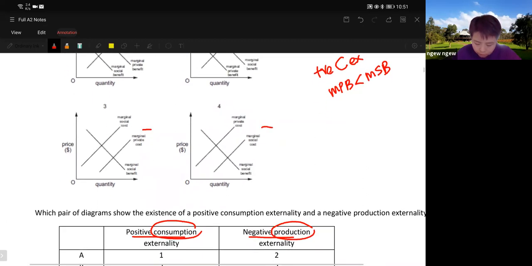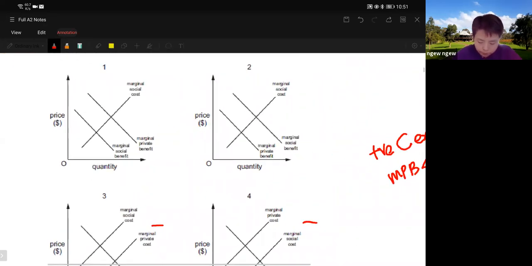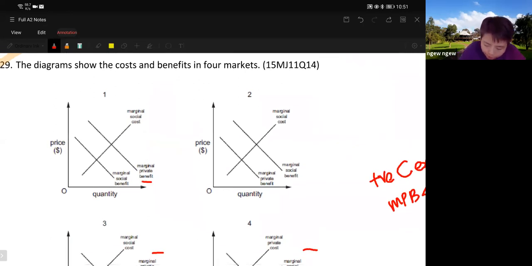So in this case, we look at A. Number 1, MPB is higher than MSB, which is wrong. Therefore, number 2 is correct. MSB is greater than MPB at any level of consumption. Let's say when I consume at Q, this is my MPB, this is my MSB.